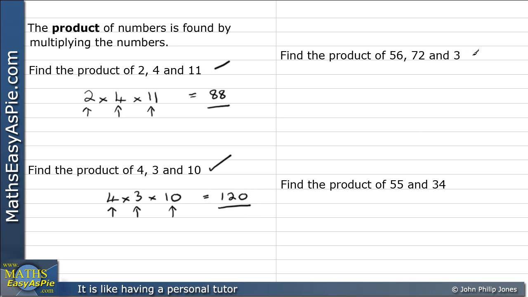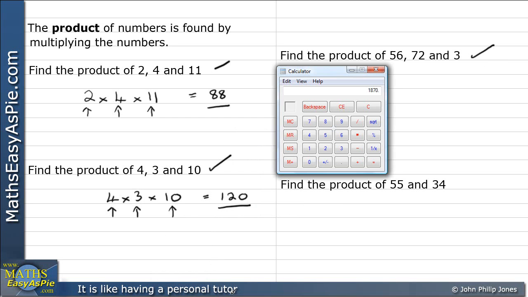If we now look at the example up here, it's asking us to find the product of 56, 72 and 3. Now on this occasion we'll do this using a calculator. So I will enter 56 and I'll multiply that 56 by 72. Then I'll multiply that by 3, press the equals sign, and we can see the answer is 12,096.